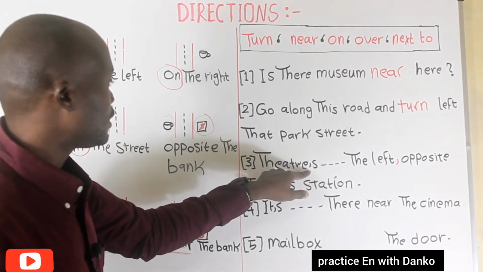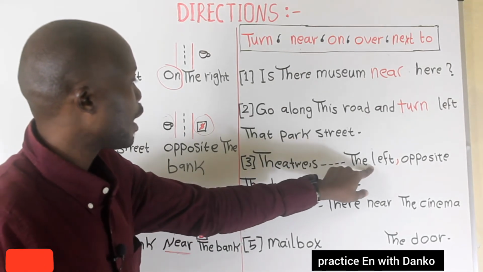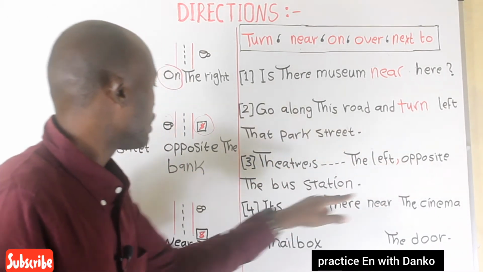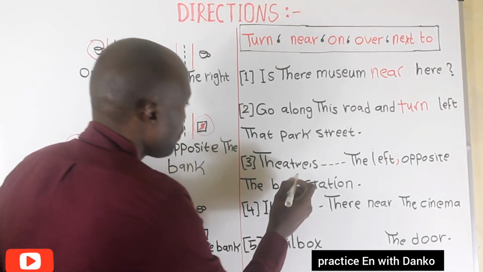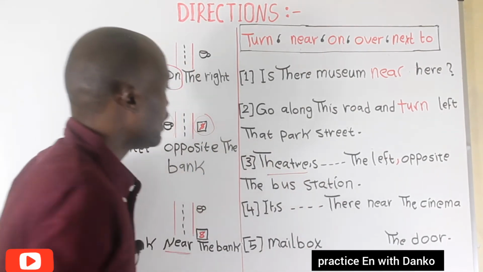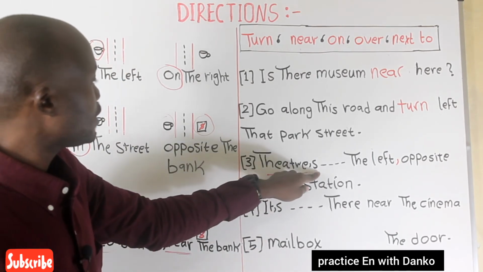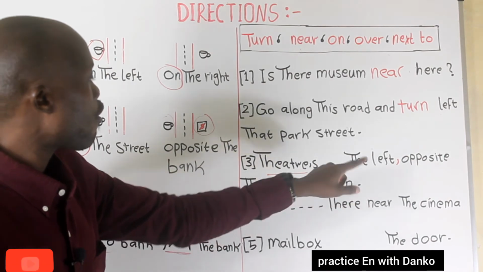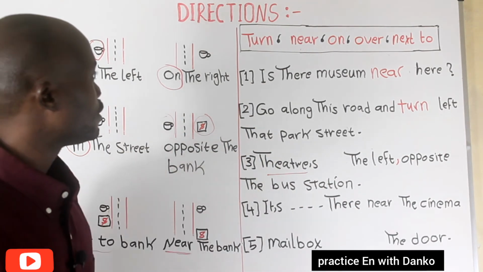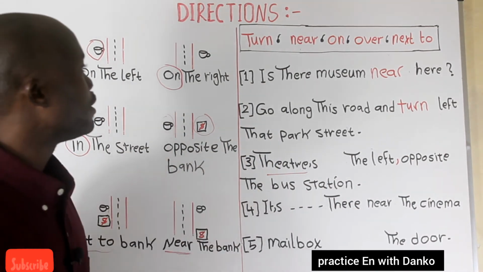Number three: the theater is something the left, opposite the bus station. The theater is a place. The theater is something the left opposite the bus station. What are we going to put here?